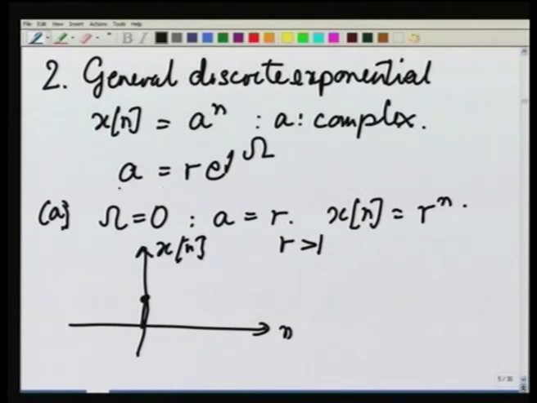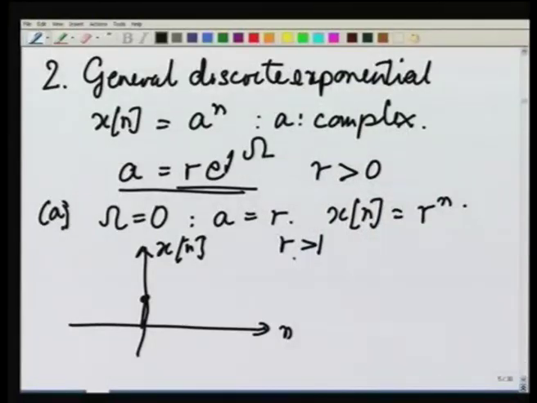By the way, it is implicitly understood that r is greater than 0 in all our considerations. R is like the magnitude, because this is after all the polar form. So, r is the magnitude of the complex exponential, and omega you can say is the angle.